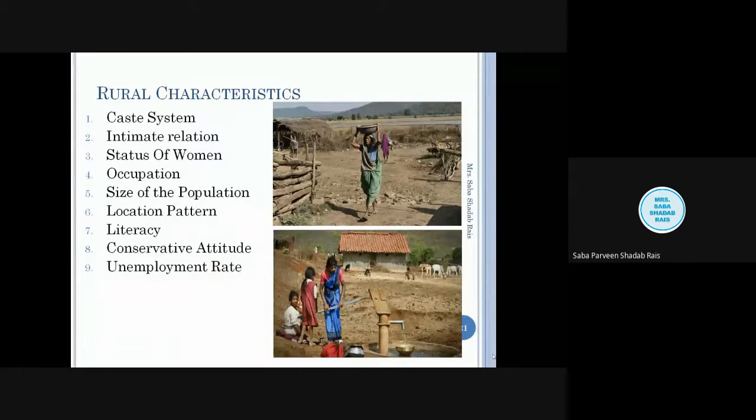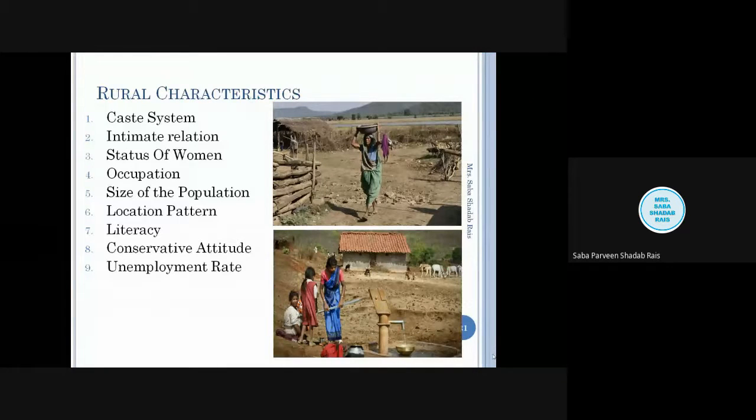Then the unemployment rate. When we talk about the unemployment rate, definitely as the level of education is very poor, the unemployment rate is very high in rural areas. If we compare it with the urban area, even there, if a person is not getting any employment, he still has a chance to go to the traffic signal and sell small things, right?